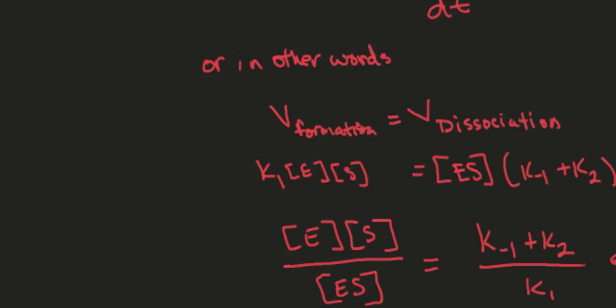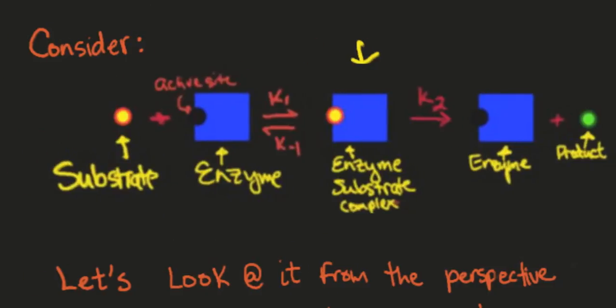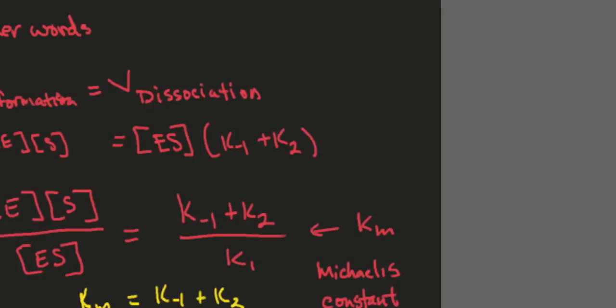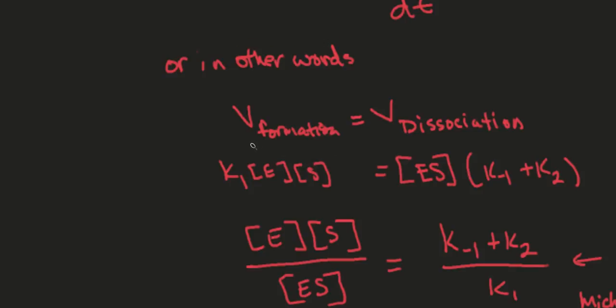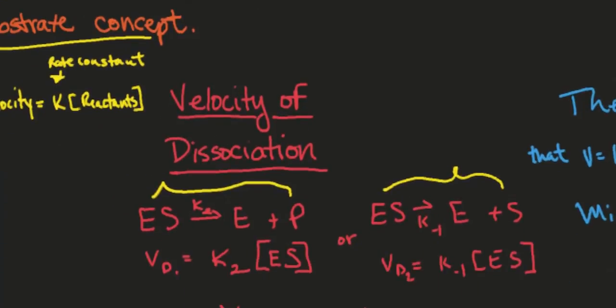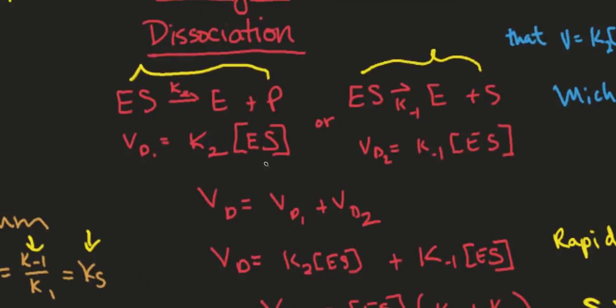All right. So if we consider the whole picture, this whole thing, not just the first half, this would be the velocity of formation. That didn't change. But the dissociation portion has one extra rate in it. The dissociation would be calculated as the sum of the one that goes to the product and the one that goes back to the reactants.